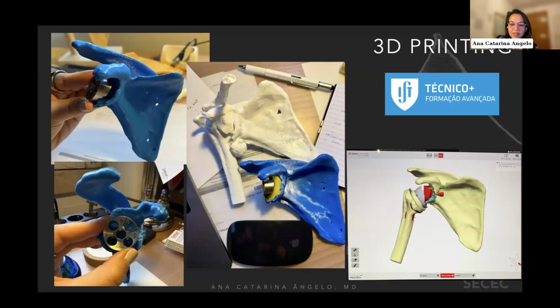Even if you use some plastic dough that your kids used to play with, you can try to recreate the shape of any bone graft that you may add to try to correct these different defects that you may have from time to time.